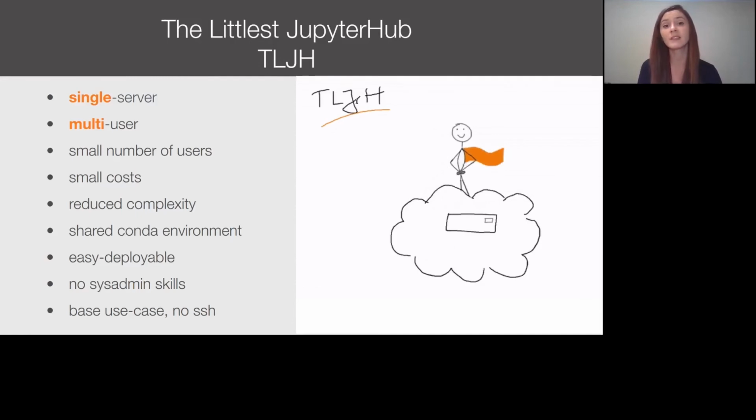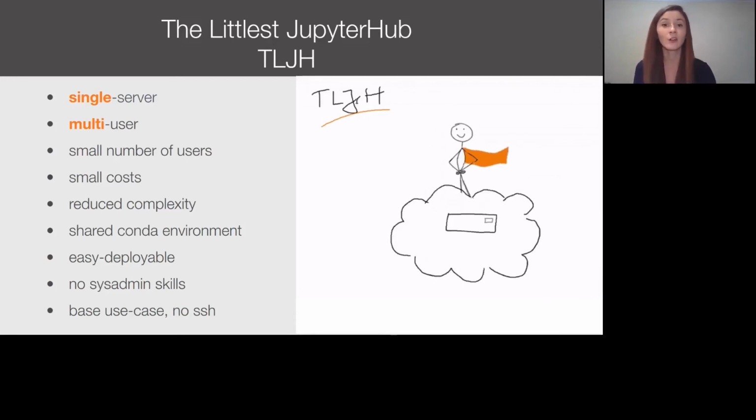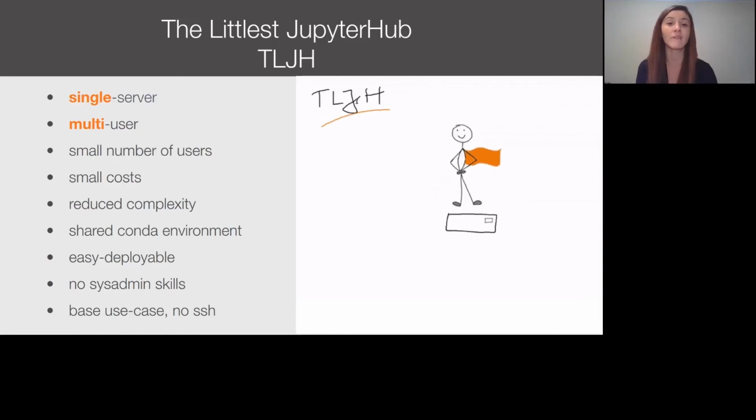This also makes it easy to deploy and requires minimum to no sysadmin skills. You will have a JupyterHub in a few minutes without even having to SSH into your server. And your users, your students or fellow researchers, will get a shared conda environment with their own home directories.